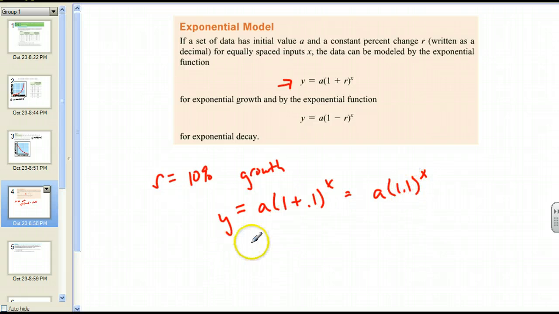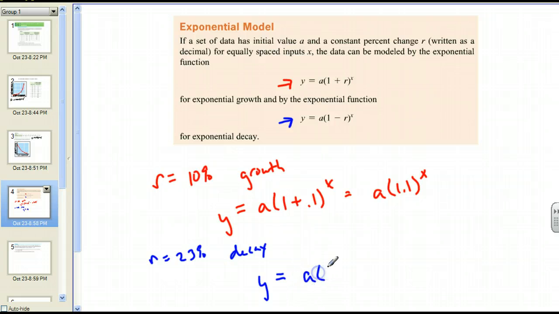And if I was going to do a decaying function, let's do R equals 23% decay. Then we would use the bottom one, y equals a times 1 minus 0.23 to the x, which would be a times 0.77 to the x. So that's what these models look like.